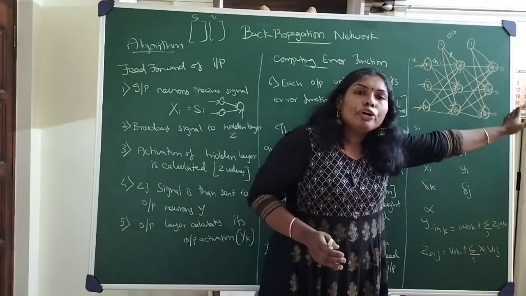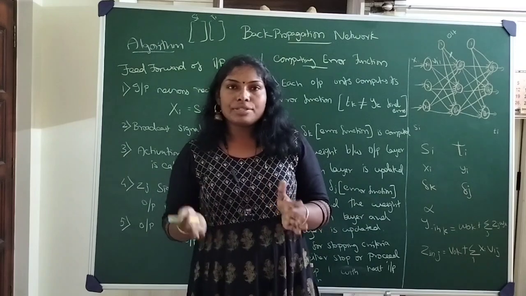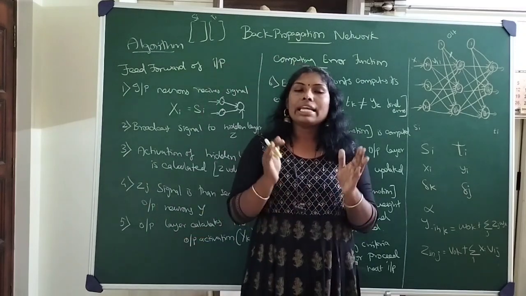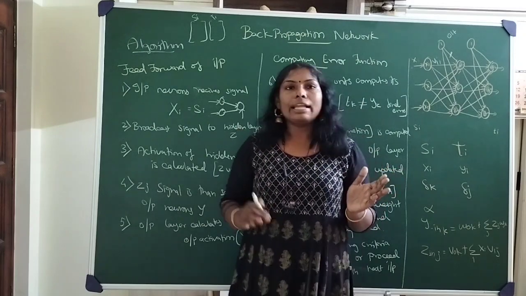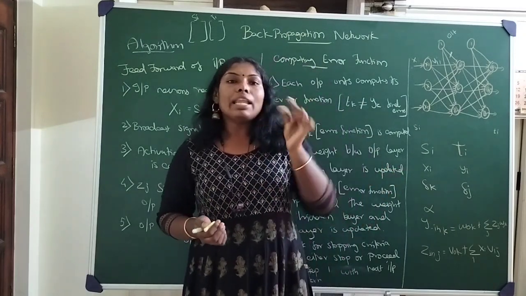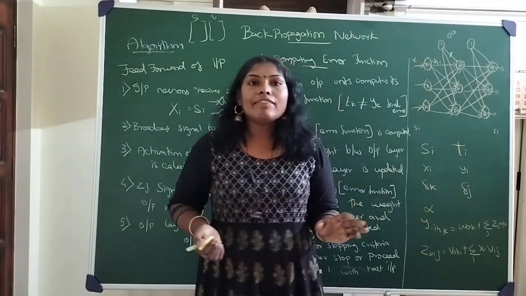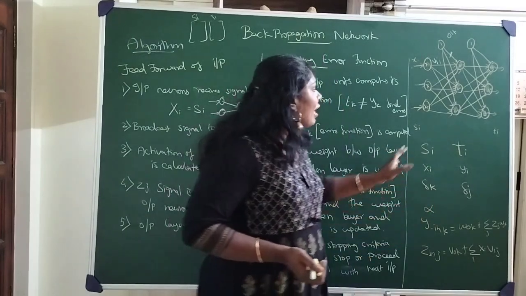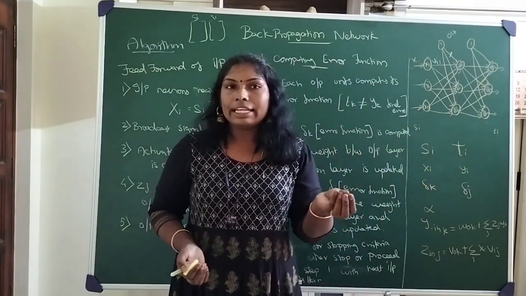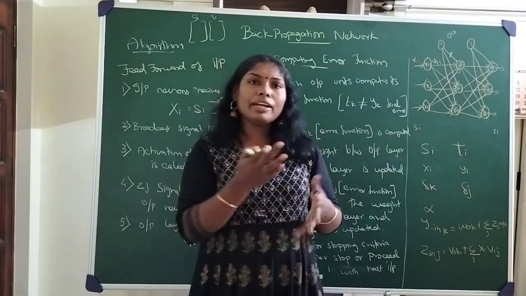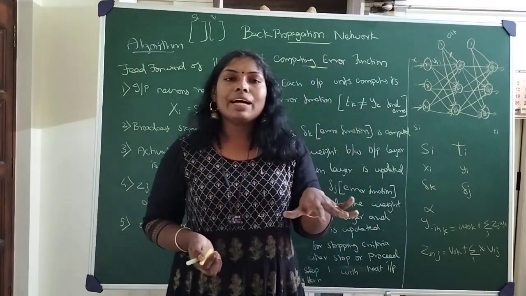But the output is based on the activation function. As we discussed in the perceptron network, for each input we have a target output, and that has to be normalized, because the output calculated is usually not the same as what is needed. For example, the value we calculate here is numerical.